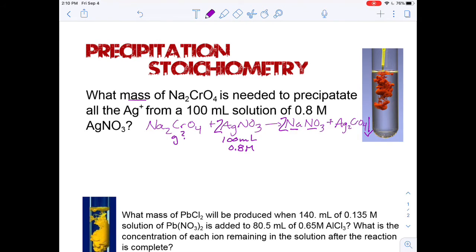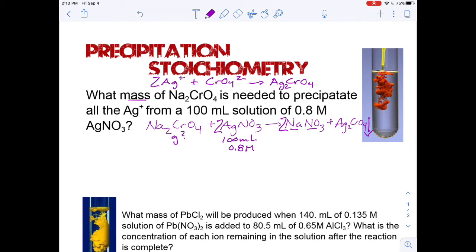If you think about this in terms of a net ionic equation, it would be the silver ion and the chromate ion producing the silver chromate, and there'd be 2 of the silver.